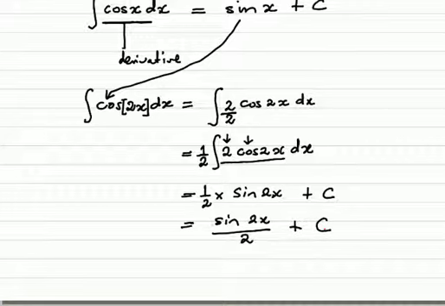Then we simplify, and write this as sine 2x over 2 plus c. Right at this stage, we can have another kind of summary. If we look at what has happened in relation to our initial integral, the integral of a function is basically the immediate integral of the function, where this cos is coming from, which is sine, divided by the derivative of the argument.